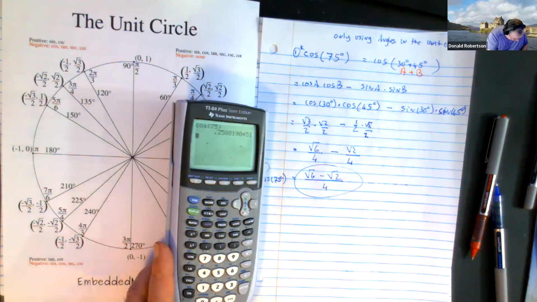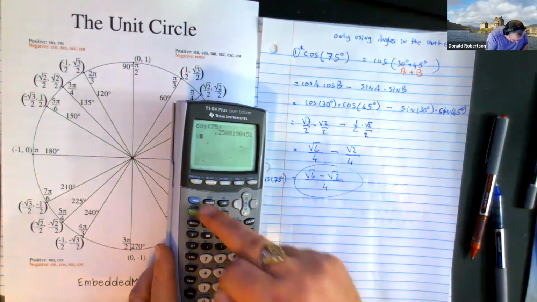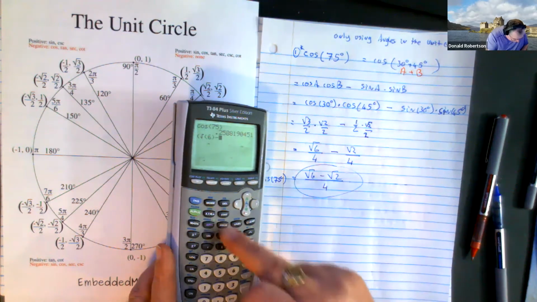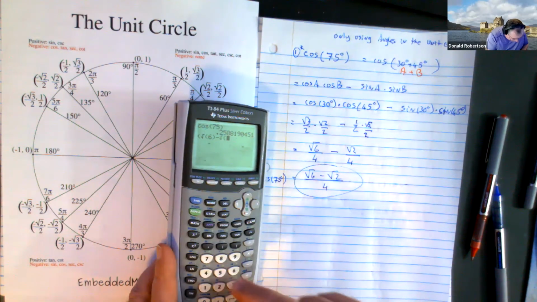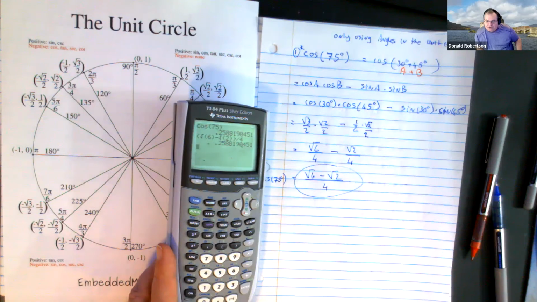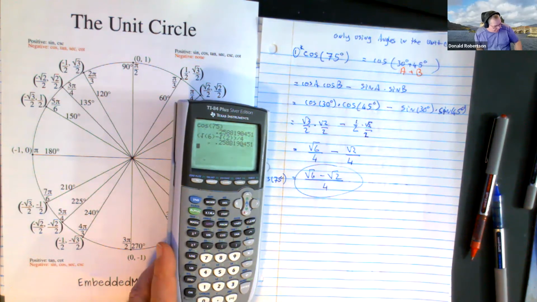I'm now going to do bracket, the square root of 6, take away the square root of 2, and then divide everything by 4. And I better see the same ugly decimal. Right, have I proved to you that it actually works? The exact value of the cosine of 75.